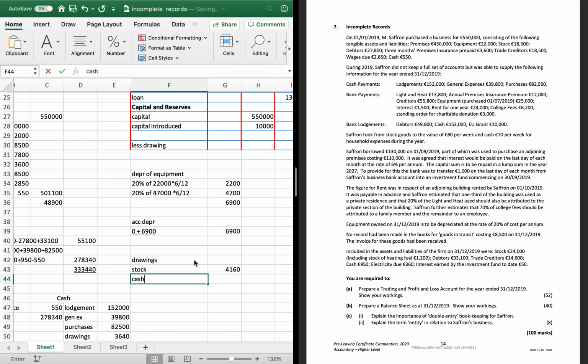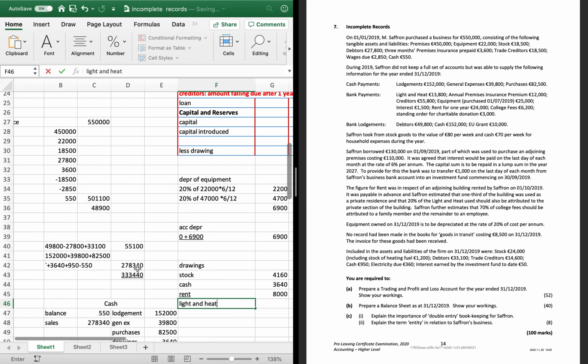I've got my cash drawings, which were 70 by 52. I had my rent, which was 8,000, so 1/3 of it was from the private section. I had my light and heat, which is one of my first workings.